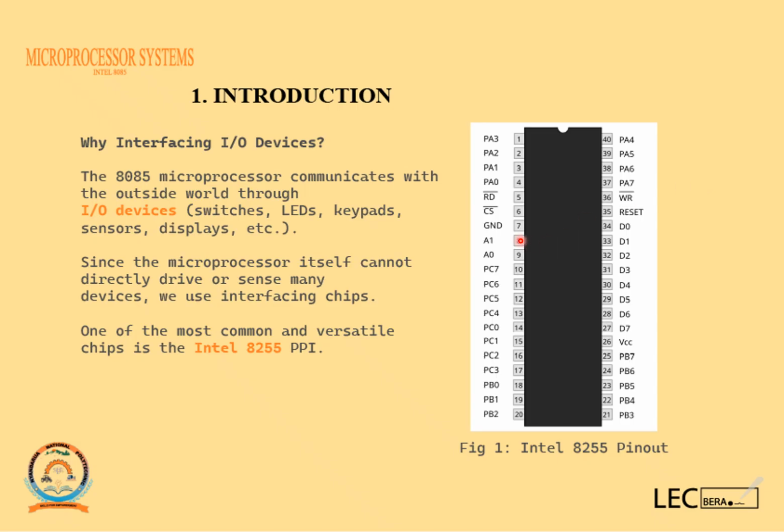Pin number 7 is ground, and then we have another pin for power, which should be labeled VCC. I think it is pin number 26. That is for the power.